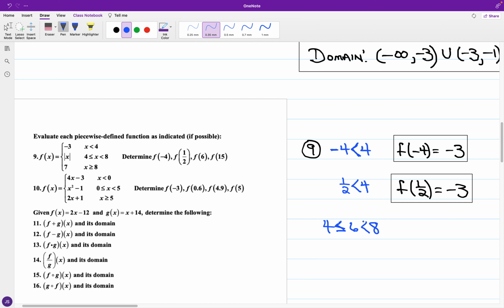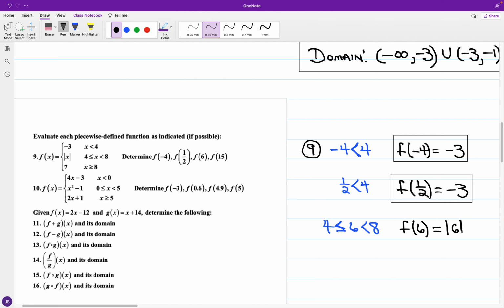So for any input x that belongs to the second of the inequality statements, we're going to take the absolute value part of the function. So in this case, we have that f of 6 is going to be equal to the absolute value of 6.